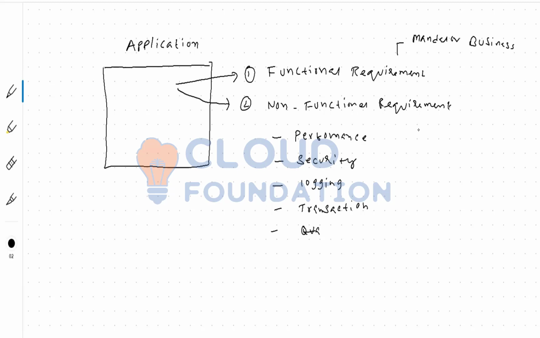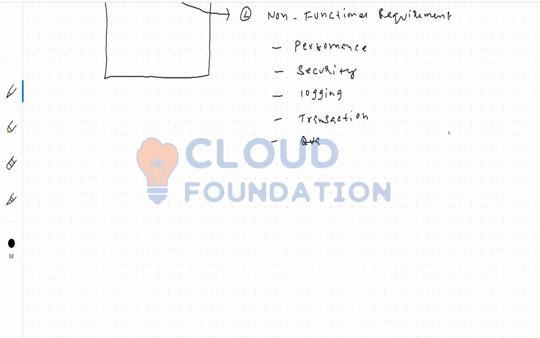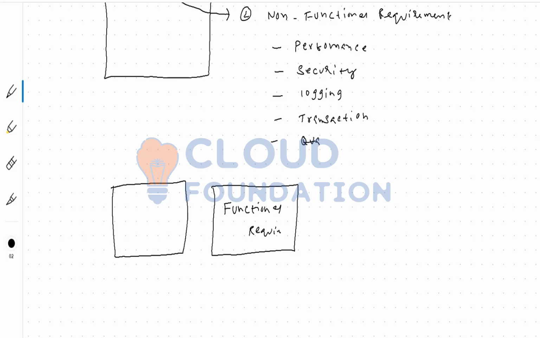Now, if you separate the functional requirement and the non-functional requirement, meaning you ask your developers to focus only on the functional requirements, and you separate out the non-functional requirements, such as security and all that stuff, you can add these non-functional requirements to your code, and remove them if you want.